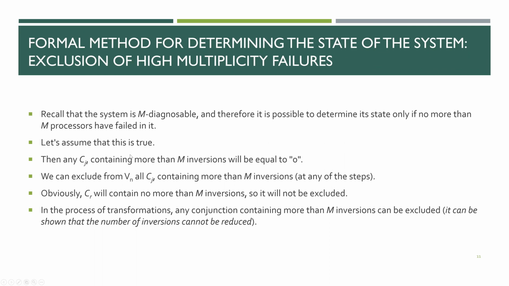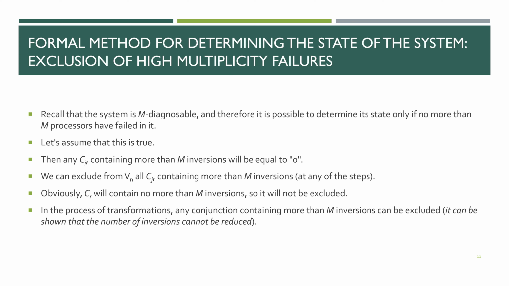Let's recall that the system is only m-diagnosable, and therefore it is possible to determine the state only if no more than m processors have failed in it. And let's assume that this is true. So the number of faulty processors is actually no more than m. In this case, any conjunct containing more than m inversions will be equal to 0.